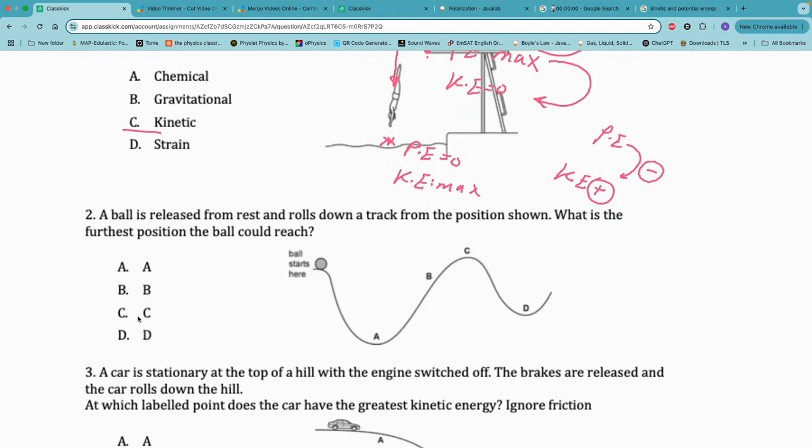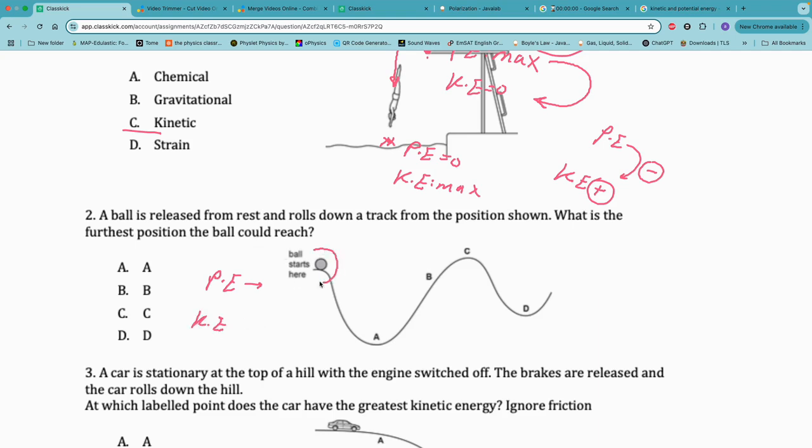Next question talks about same concept, same idea. During the motion, position changes, height changes, so automatically potential energy changes with height or position, as well as kinetic energy.